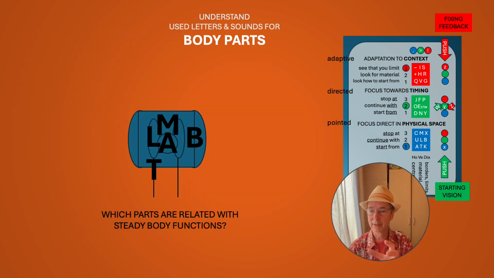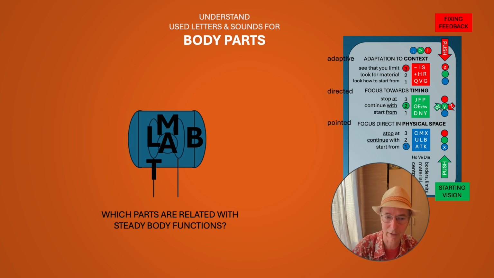Because when you really take out the positions of this physical space, actually it's not just physical space, it's also the physical space of objects that don't move, that are really steady. So that's why they have the letter T at a certain point, the letter A at a certain point, the L, the B at the borders, the M at the maximum of the body parts.